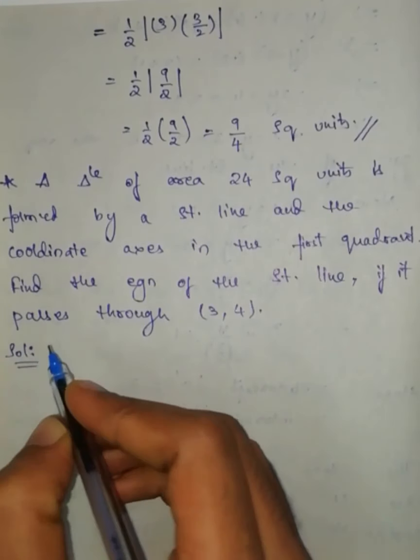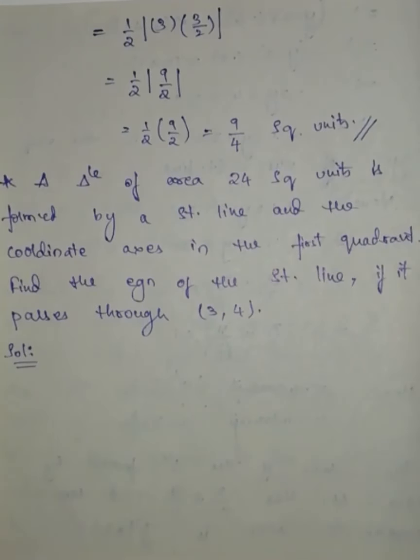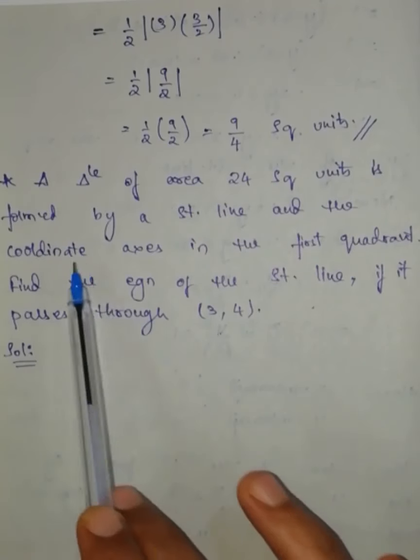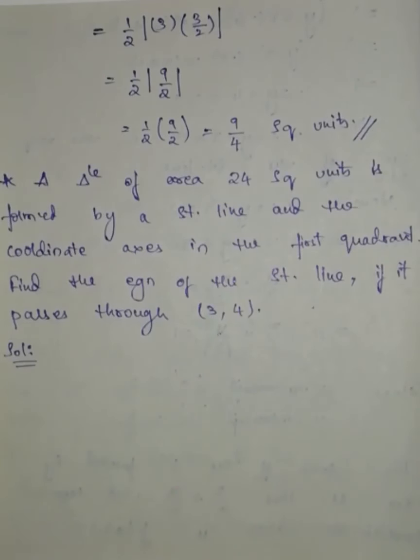Solution. We have to find the equation of a straight line which passes through (3, 4) and makes a triangle with the coordinate axis of area 24.